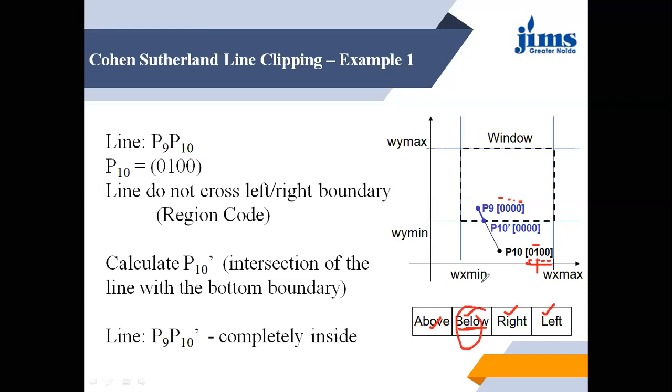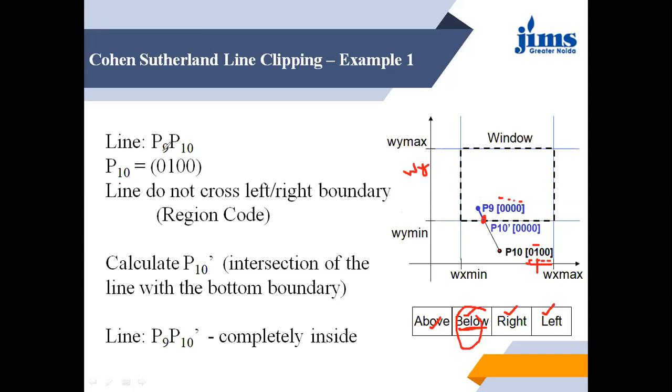When it is below the window, it means the line cuts the window at the lower edge. So we have to find out the value of Wy, and that will be between Wy min and Wy max.